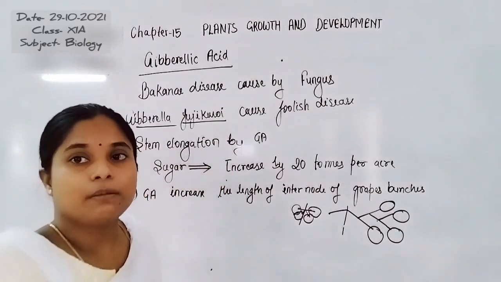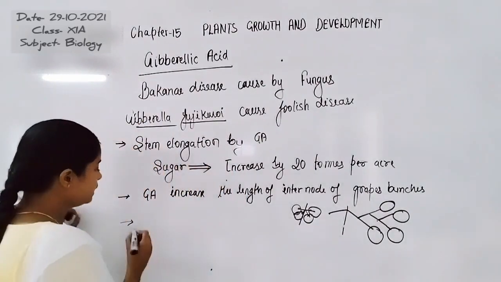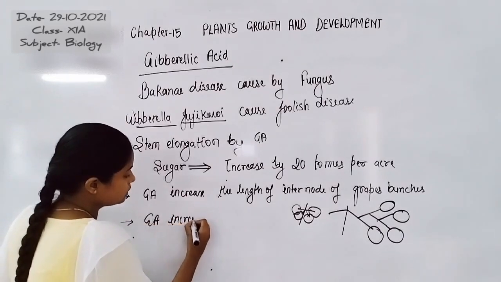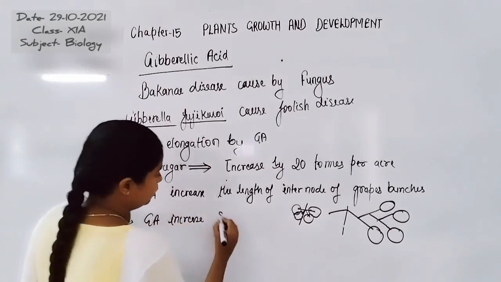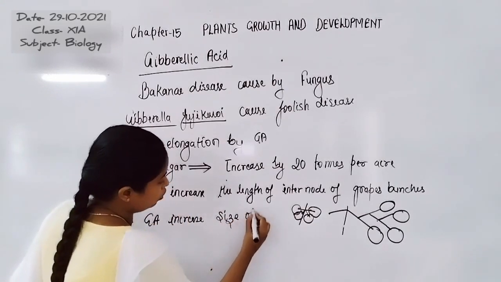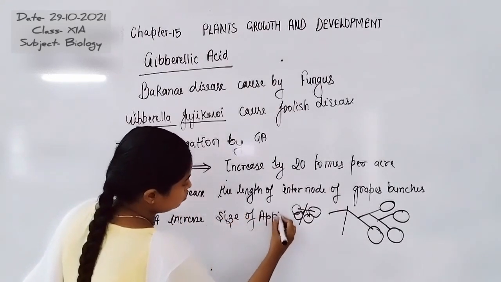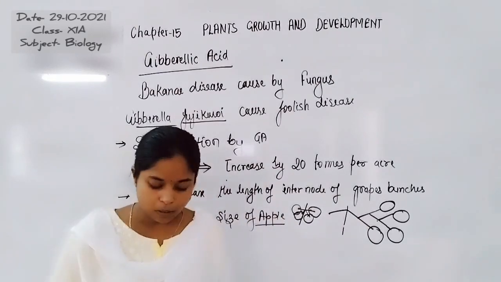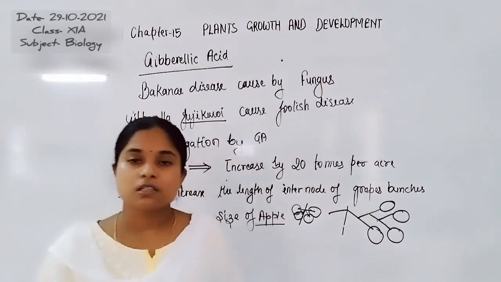After stem elongation, gibberellic acid is also used to increase the size of apple. It is also used in the field of apple, because apple also grows in bunches.